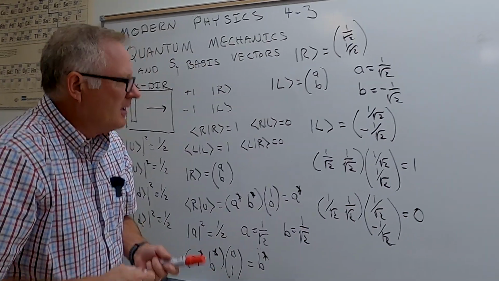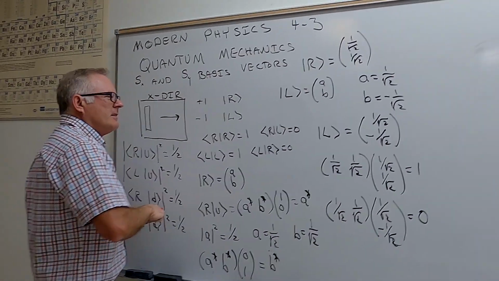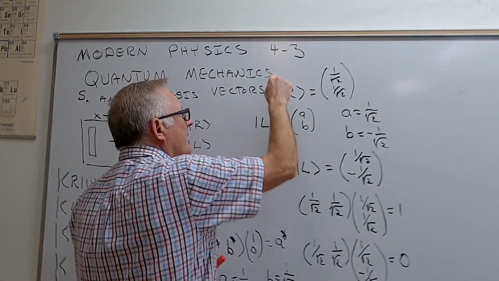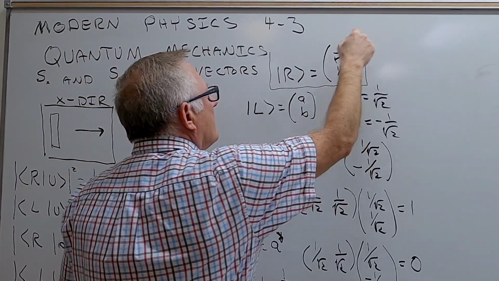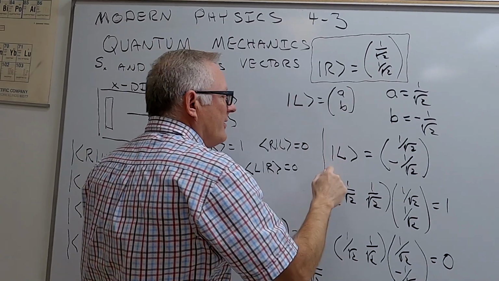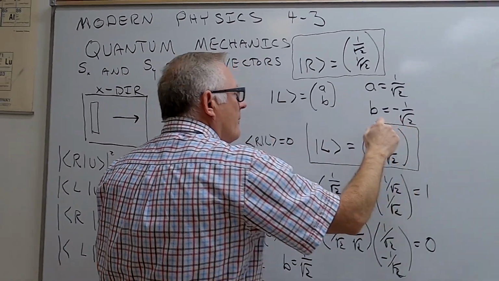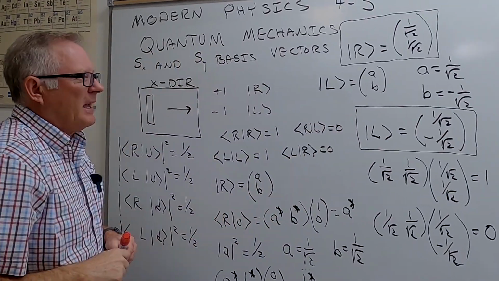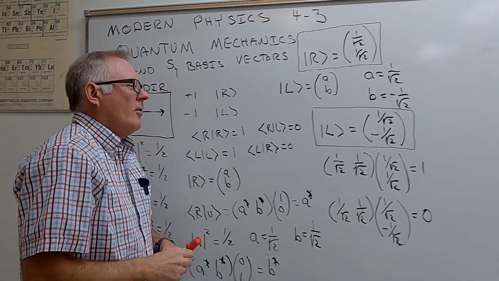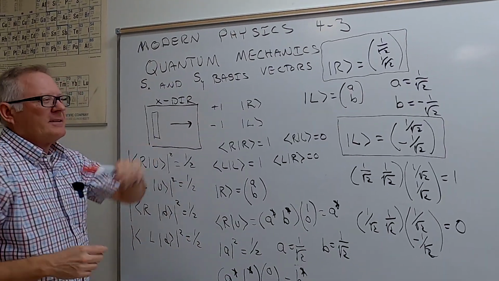Okay, so this right and this left form our orthonormal basis vectors for the x direction.